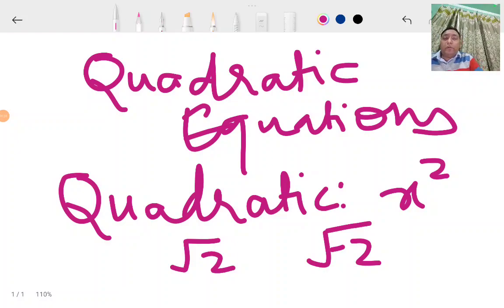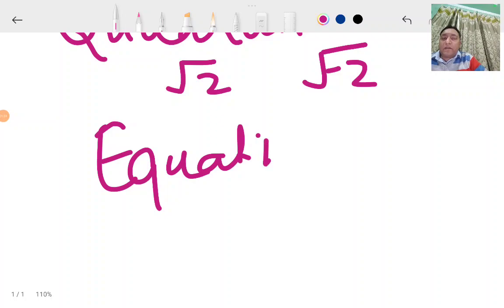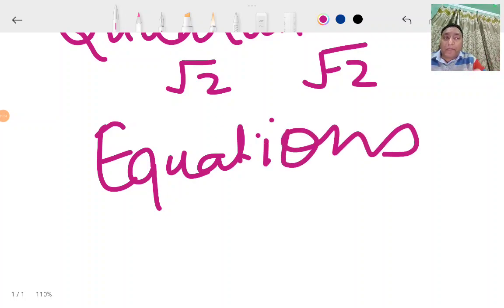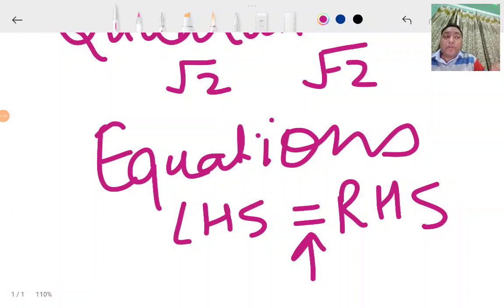And what do you mean by equations? Equations mean an algebraic expression that is equal to 0. When we have two sides, LHS equal to RHS, the equal to sign shows the equality, that both sides are equal.